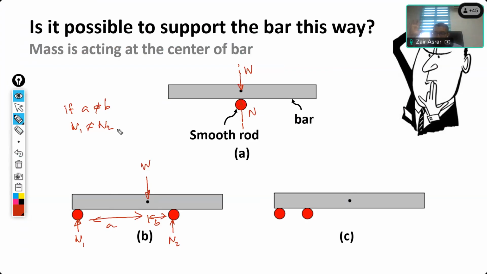I hope you can see that. Common sense, right? Since A and B are not the same, N1 and N2 should not be the same. So based on your engineering judgment, which one is larger, N1 or N2?